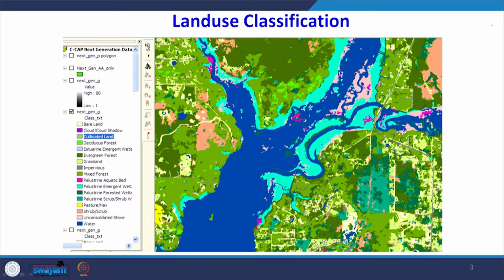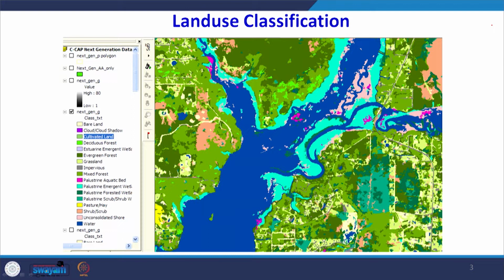This is the land use classification map of the area, and different colors have been assigned by the users. The user uses those standard colors which are normally used in maps. Those standard colors are given here, and each class is shown by a different color scheme.